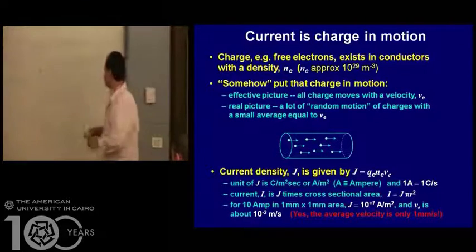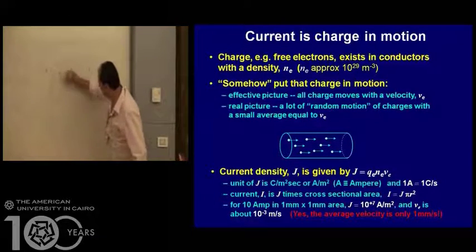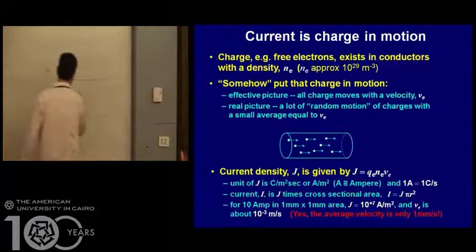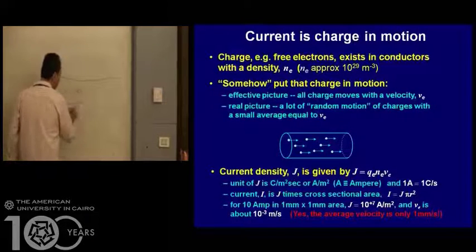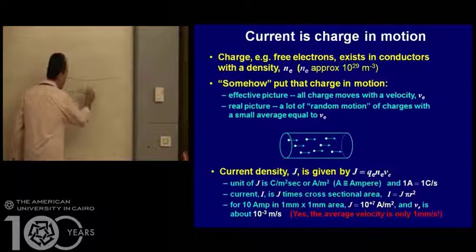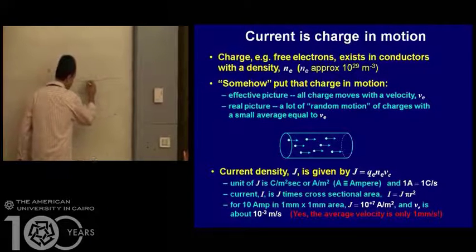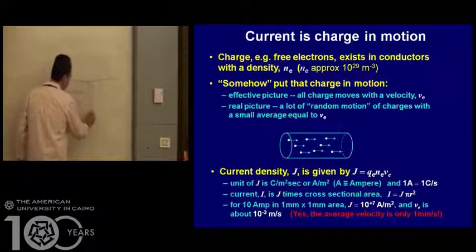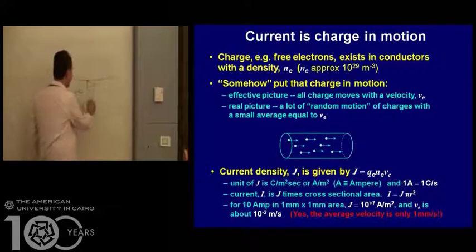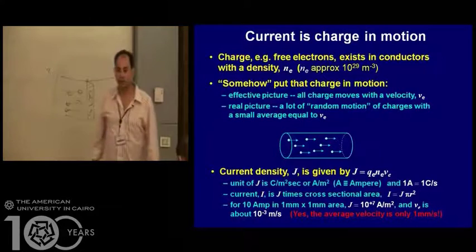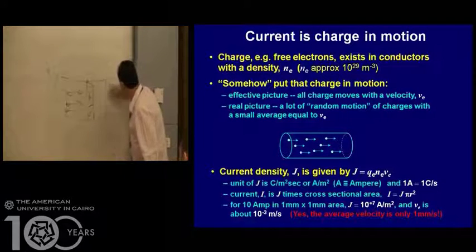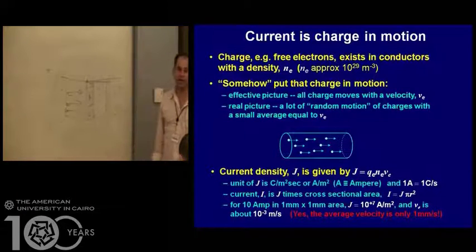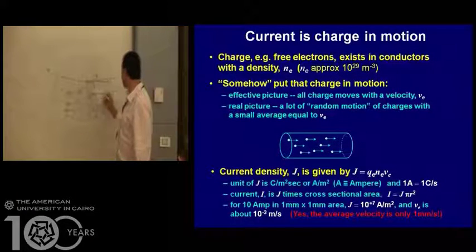Take a long wire, and you have a number of charges that move across that area. This is the area A. They travel that distance x in a time t.